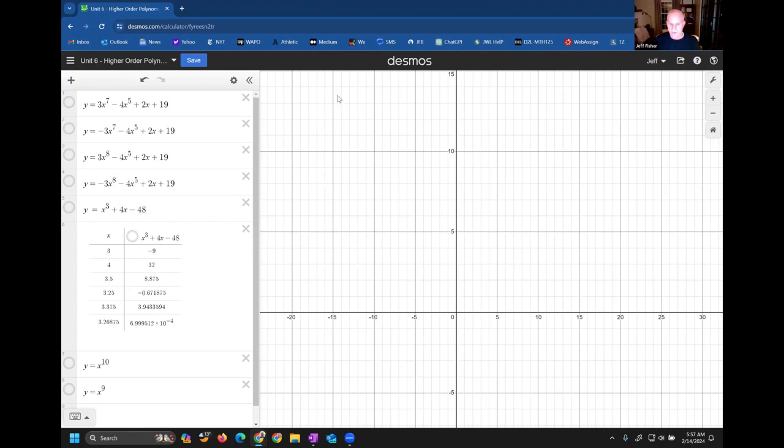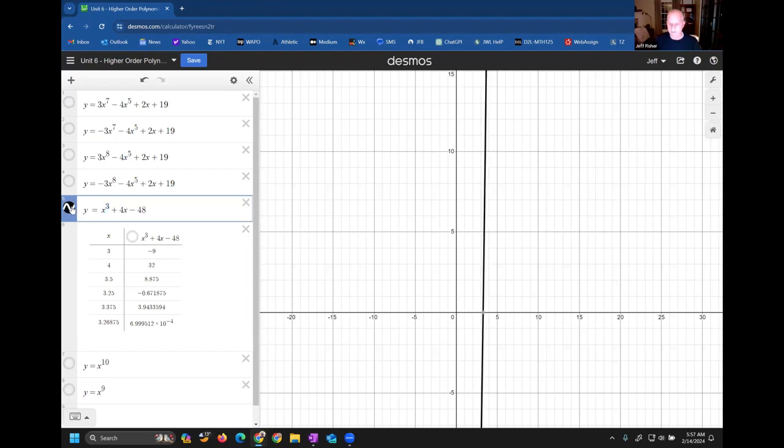Or will it go down on the left and up on the right, like our U shape? Or will it go down on the left, down on the right? Which way do you think it'll go? Remember, it all depends on this being odd or even, right? So let me show you.